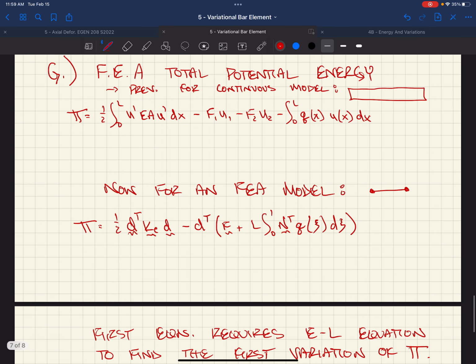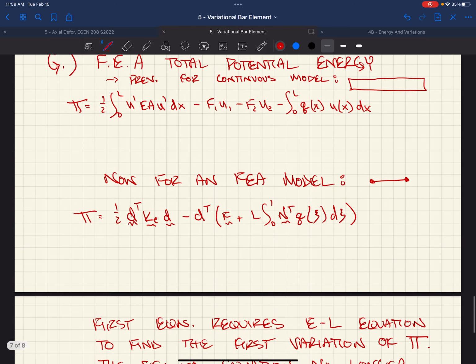Our first equation, because this is a continuous model, has definite integrals from 0 to L over the entire variation. We would be required to use the Euler-Lagrange equation to find the first variation of pi. While the second one is no longer a function of the integral of u sub x.